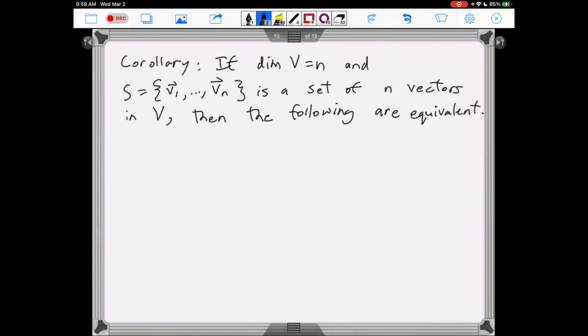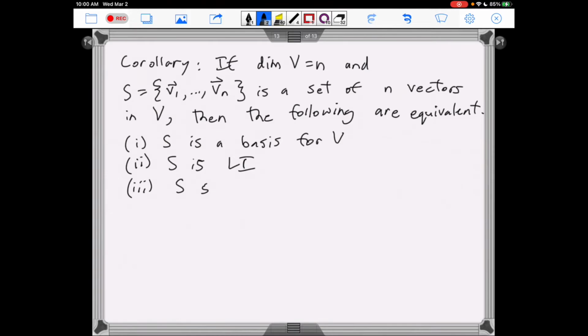This is just putting everything together, okay? S is a basis for V. S is linearly independent. S spans V. So as soon as you get one of these three things, you get all the rest. That's what it means for the following to be equivalent. It means they all imply each other. When one is true, they're all true.